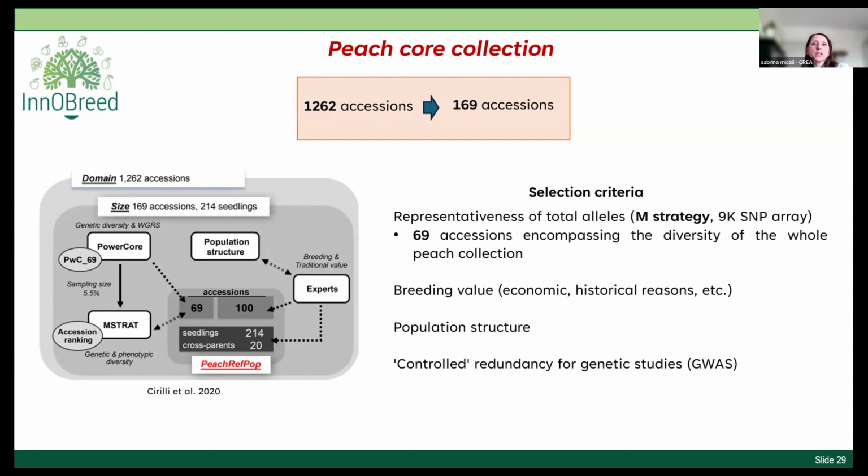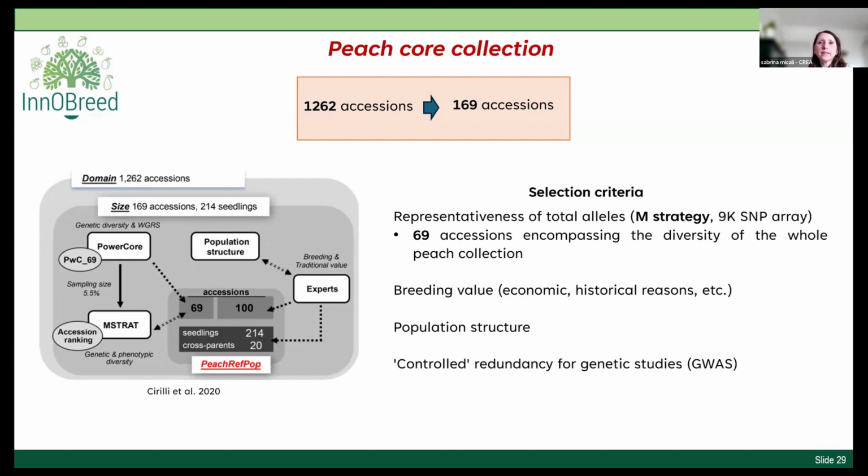We started with a core collection of 69 accessions that were sorted out by the use of software implementing the maximization strategy that compacts the genetic diversity into the minimum number of genotypes through the use only of molecular markers.